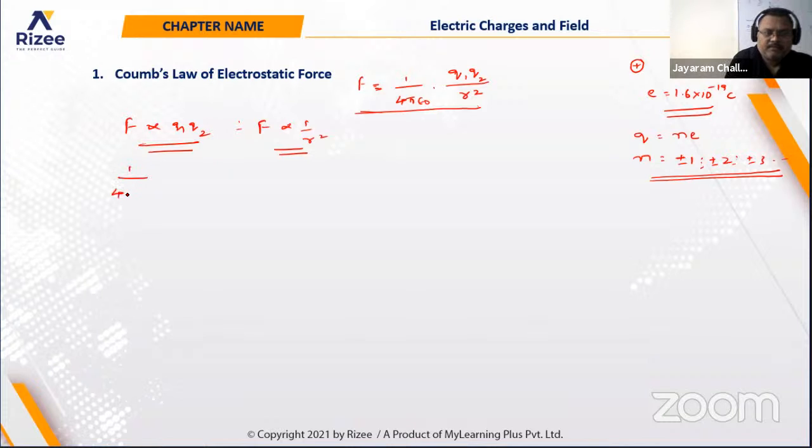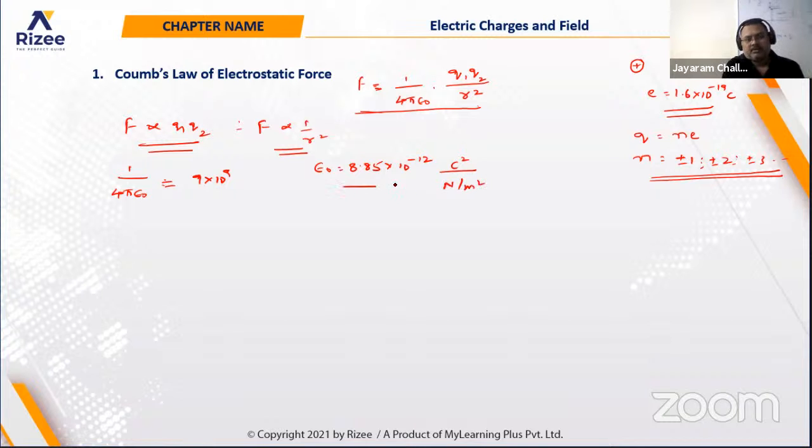So 1 by 4 pi epsilon naught is equal to 9 into 10 to the power of 9, and epsilon naught is equal to 8.85 into 10 to the power of minus 12 coulomb square per newton meter square. This is the value of epsilon naught, which is nothing but the permittivity of free space.